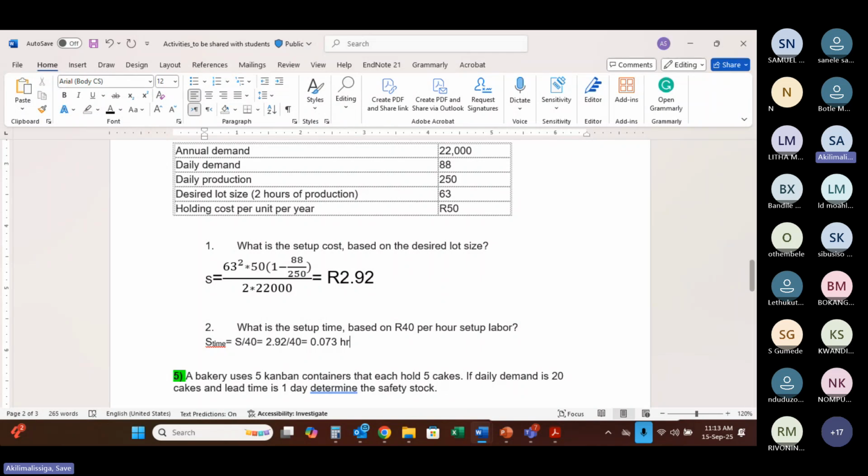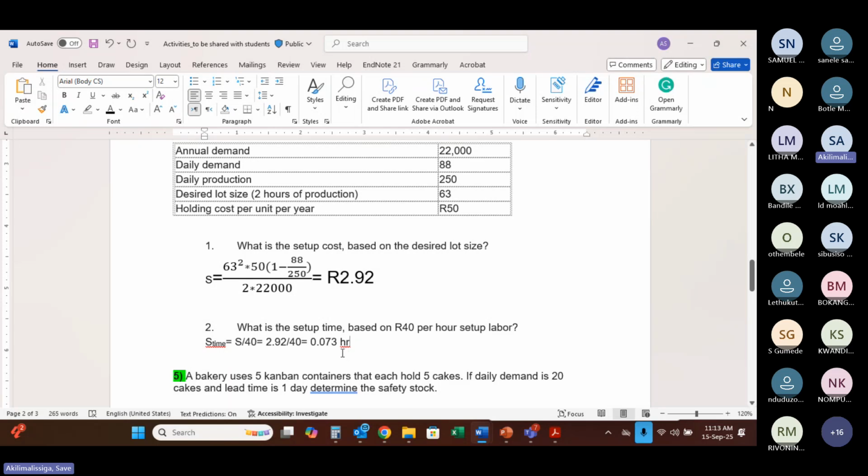So the interesting part with this is that when you are calculating the setup time, the unit of the result coming from these calculations must be in hour. Once you have this in hour, it will depend on the question. If the question says that you must express your answer in hour, obviously you're going to follow the instruction, whether you take 3 decimal places or 2.